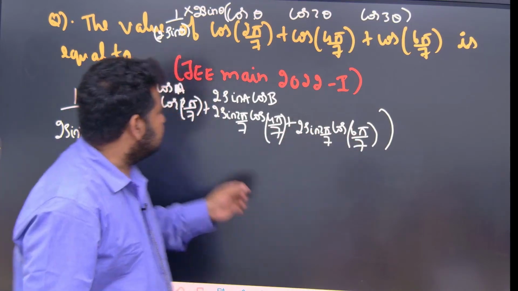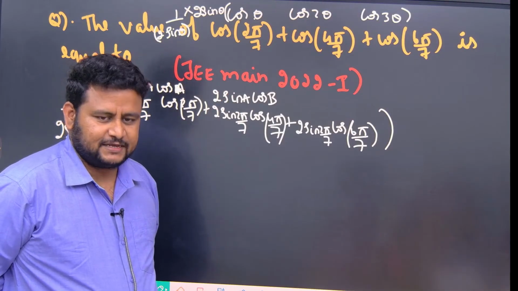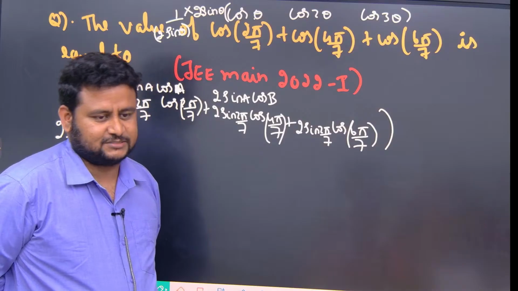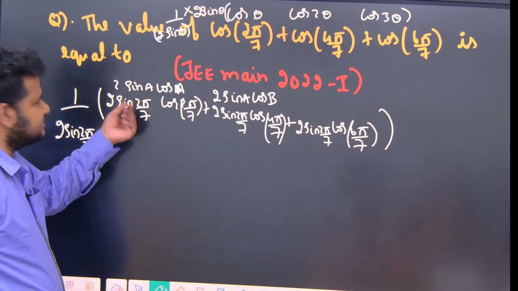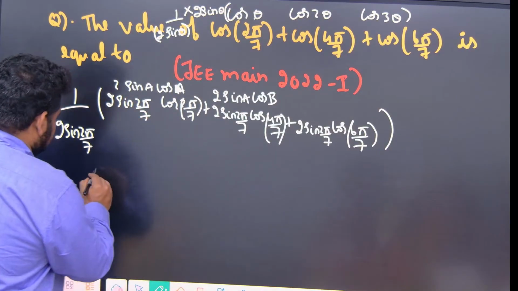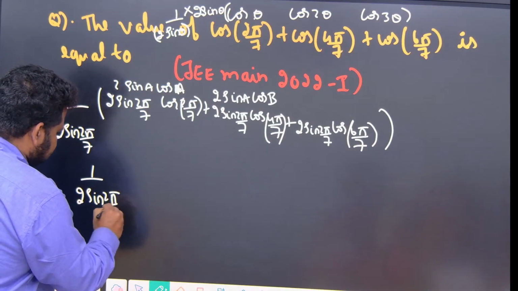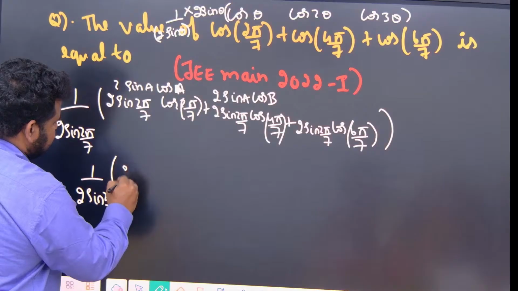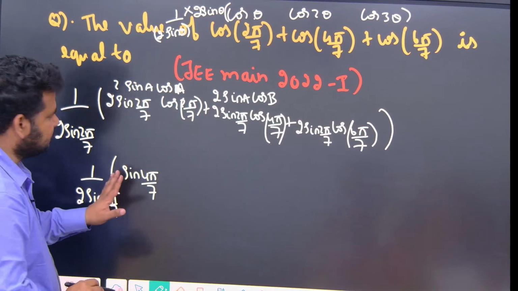The formula is 2 sin A cos B equals sin of A plus B plus sin of A minus B. So I write 1 by 2 sin 2 pi by 7 times sin 2A, which becomes sin 4 pi by 7.